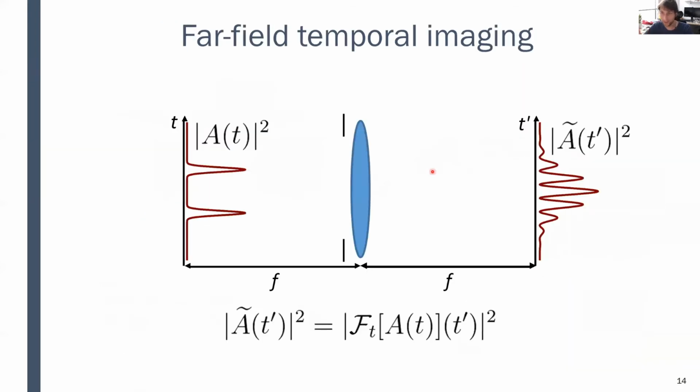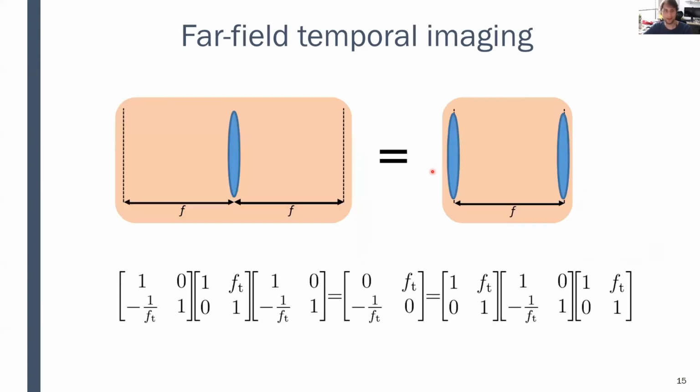But here again, we want to do this far-field temporal imaging, and we'll actually do it a little bit differently. It turns out that the same transformation, as can be proved with ABCD matrices, can be done just by two lenses and one propagation. And that's going to be nice because, as I said, in the narrowband regime, it's easier to make a lens than the spectral dispersion.